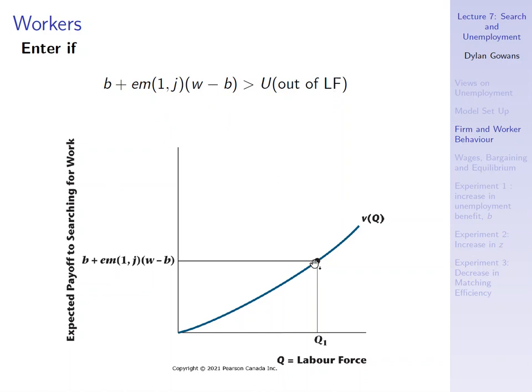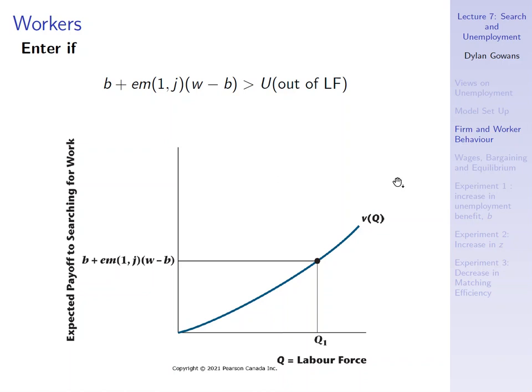As I move up this line, as I increase the value of being in the labor force, there are now some workers who before did not want to search for work, and now want to. And so that's why you get this upward sloping line.